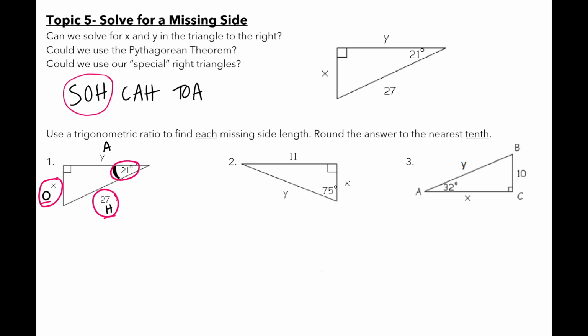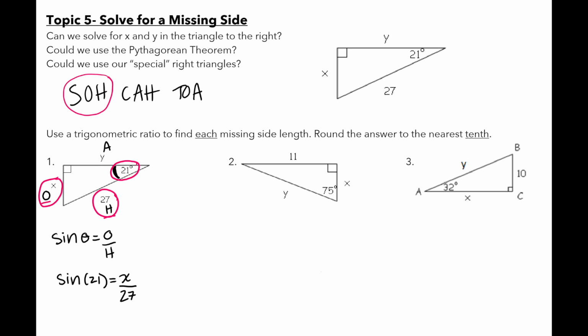Sine of theta equals the opposite over the hypotenuse. Theta is the reference angle, so sine of 21 degrees is going to be the opposite side, which is x, divided by the hypotenuse, which in this case is 27.